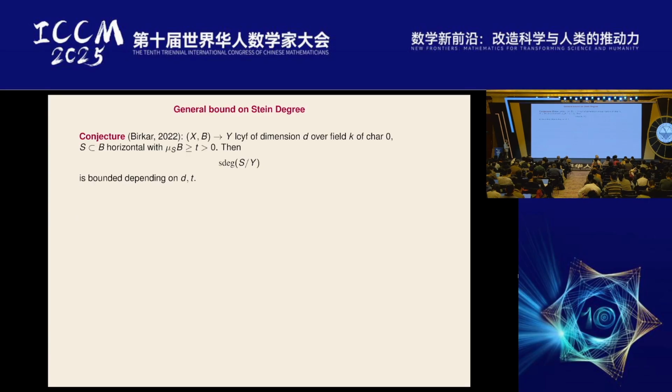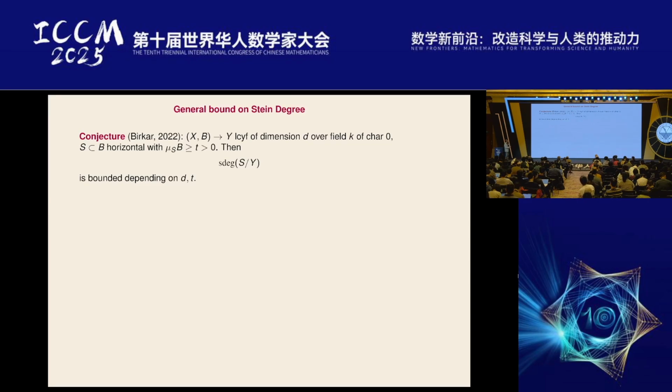Okay, so in the same work on moduli, I formulated this conjecture, which says that if you look at local log Calabi-Yau fibrations of dimension D, defined over a field of characteristic 0, so we allow non-closed fields as well, and if you take any horizontal component of our boundary, not necessarily with coefficient 1, but just assuming that the coefficient is not too small, then the Stein degree of S over the base should be universally bounded.